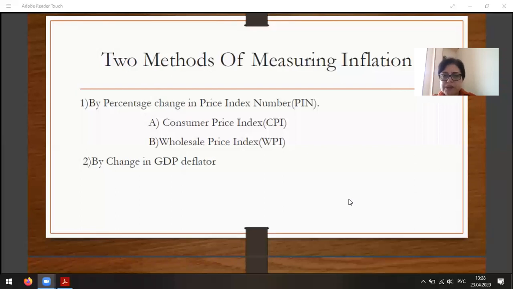Then we discussed how we can measure inflation rates and the types of inflation. Perhaps we'll go back again to the types of inflation, because we discussed the different kinds of inflation in terms of rate of inflation.